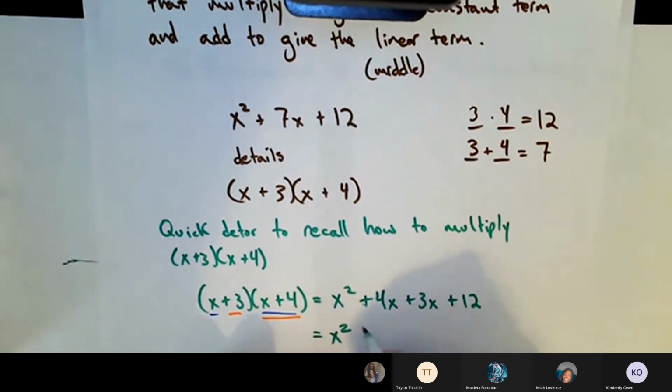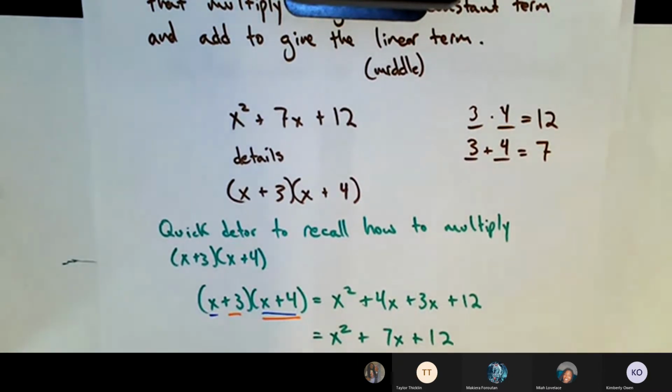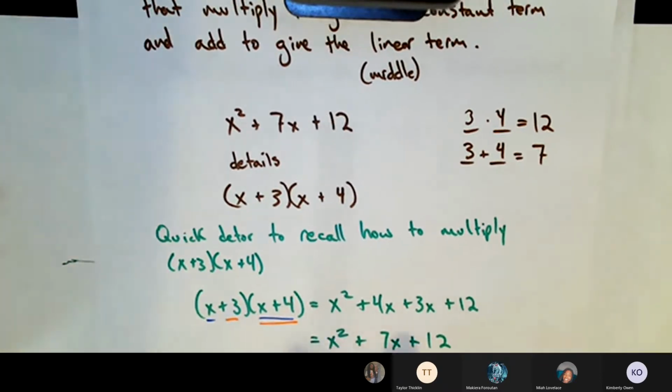In fact, that is the last step here, to combine these two middle terms. Okay, so that's multiplying these back out from factored form back to standard form.